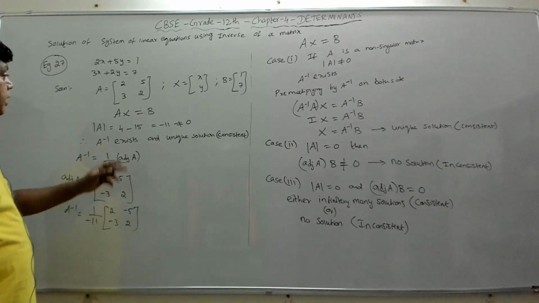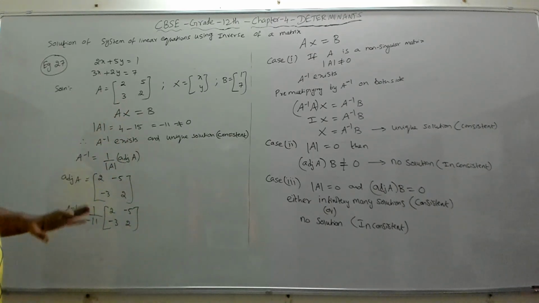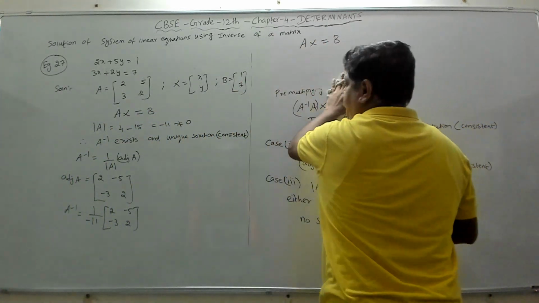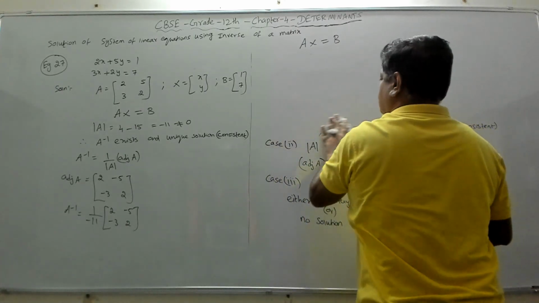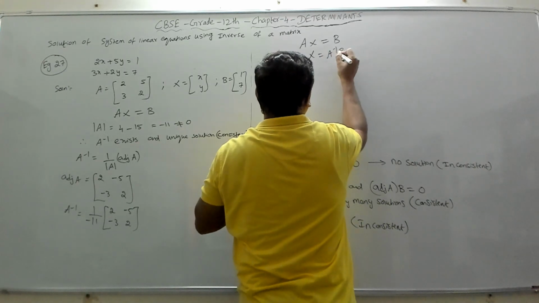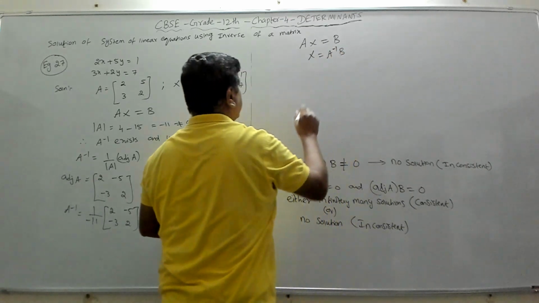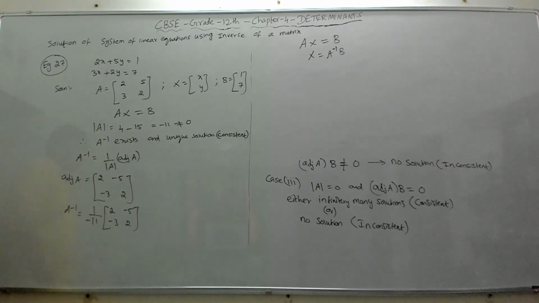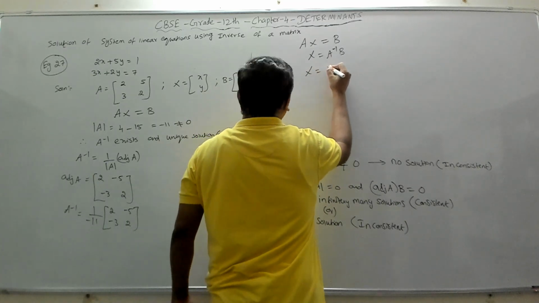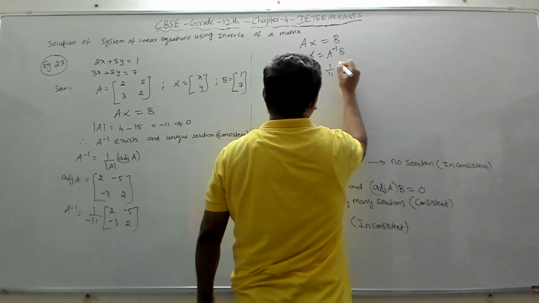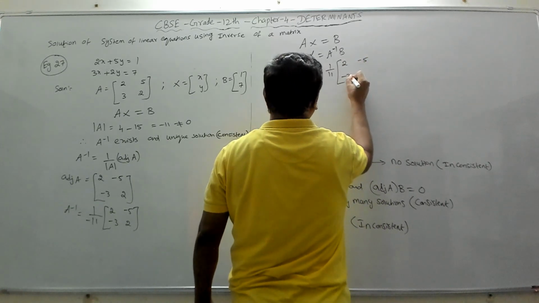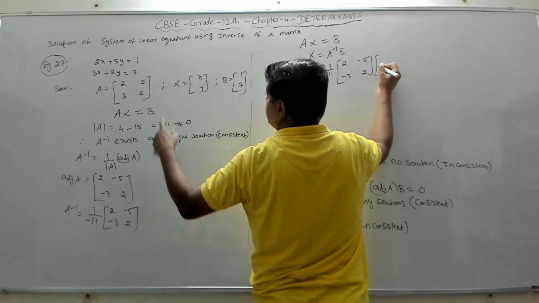Now we should find X. We have AX equal to B. If you pre-multiply by A inverse, your X will become A inverse B. So X equals 1 by minus 11 of 2, minus 5, minus 3, 2 multiplied with the B matrix, which is 1, 7.